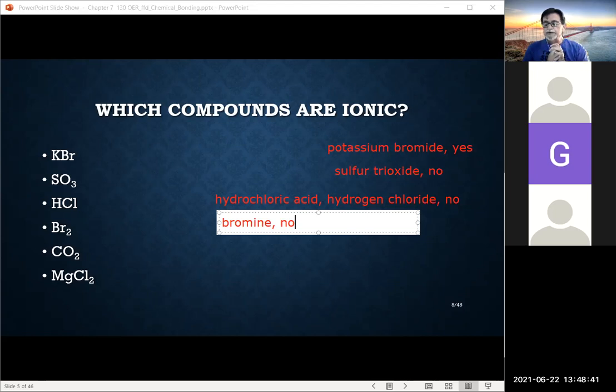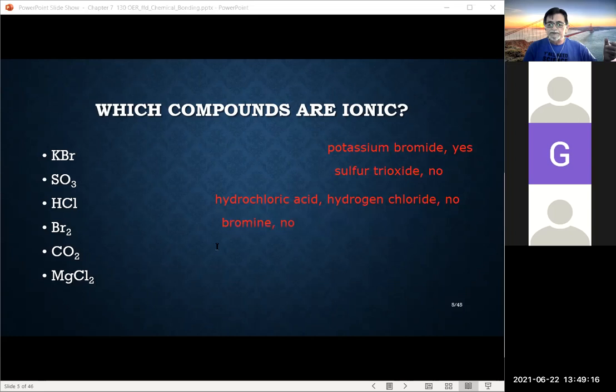Now, if I look at HCl, it's a covalent compound, but I have two different elements. Let's assume we're not in aqueous solution but in gas, so it's hydrogen chloride. There is a covalent bond between those two, but not equal. Chlorine will pull these electrons closer to itself, and we create what's called a polar covalent bond, versus bromine, which is a non-polar covalent bond.